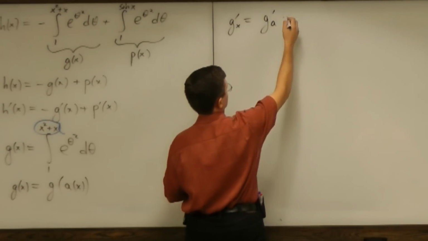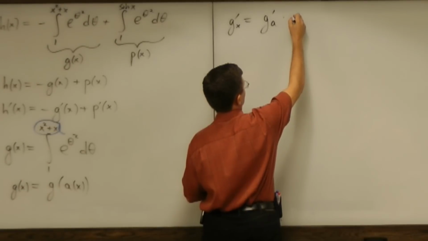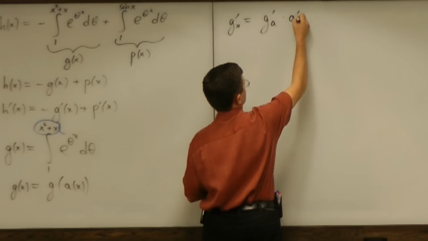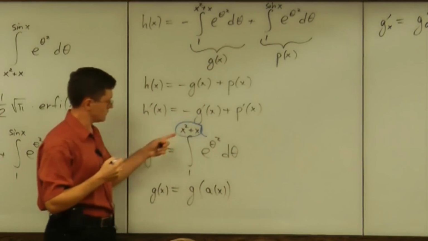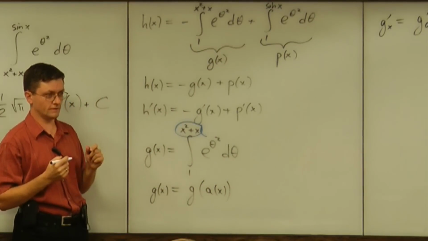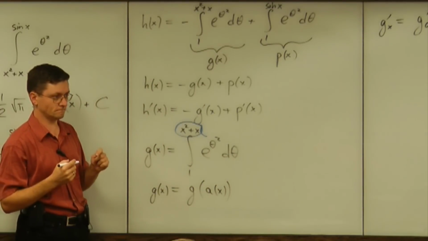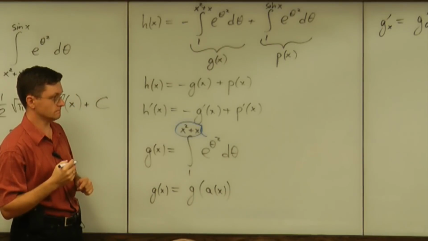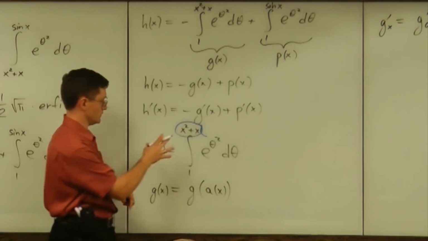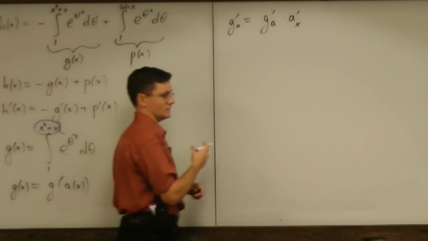Then by the chain rule, I have to multiply by the derivative of a with respect to x. And that is even easier. And so that's the only trick I'm playing.